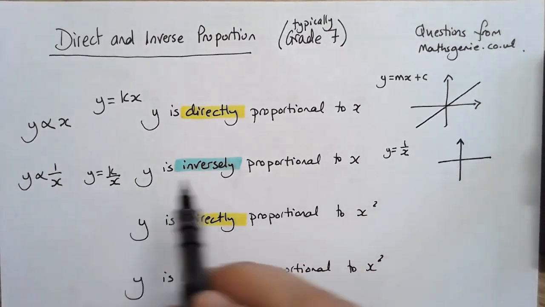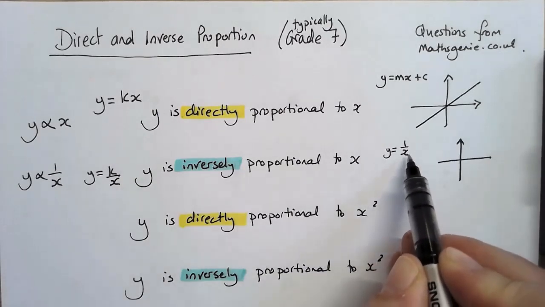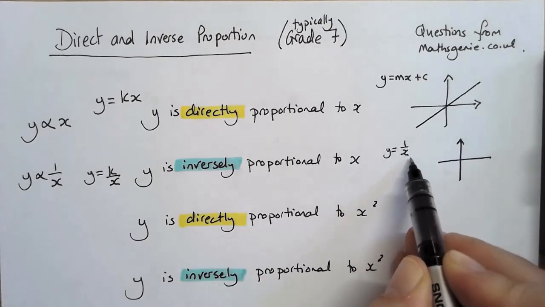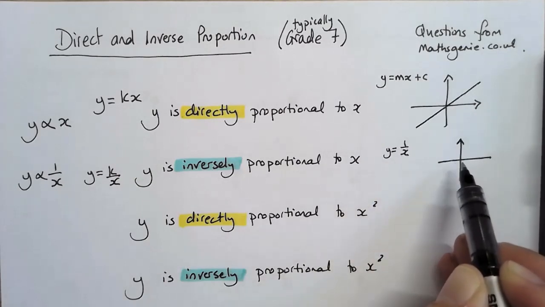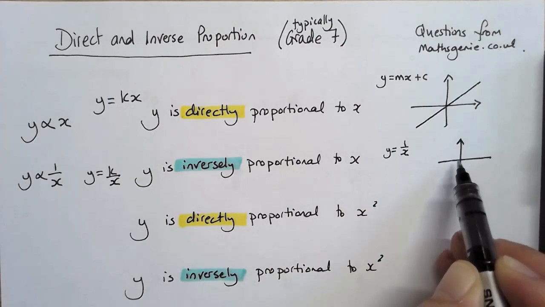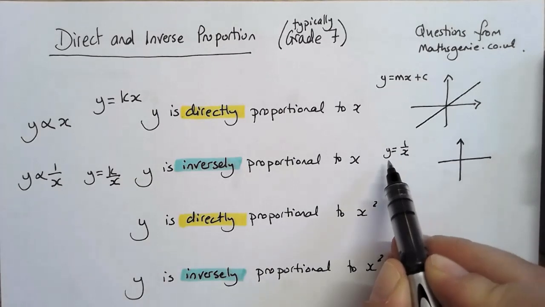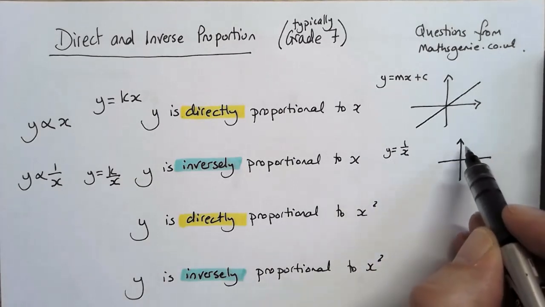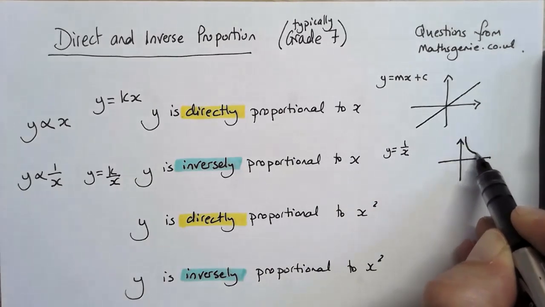If we think about it, when x is 0, you cannot divide anything by 0. So we are not going through the origin. As x increases, y gets smaller. And so actually what we're looking at is a curve that does this.